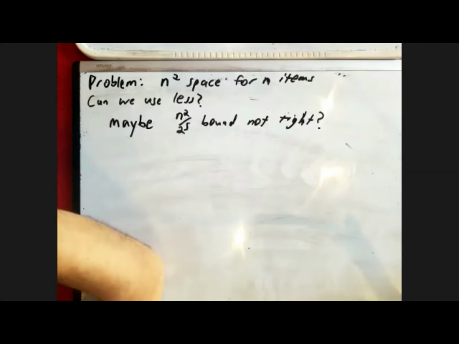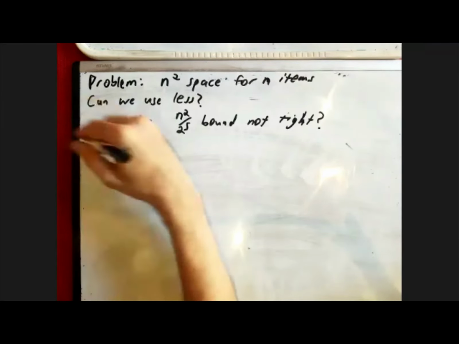Well, let me give a concrete example of this. We've got some number of students in the class. Suppose that I asked all of you to state your birthdays. So I'm bucketing you, I'm hashing you according to your birthday. So 365 buckets.